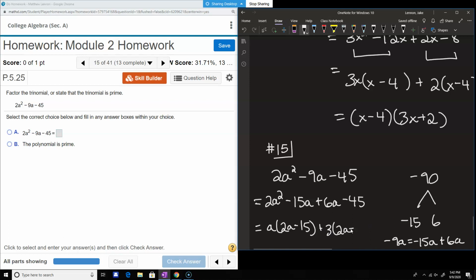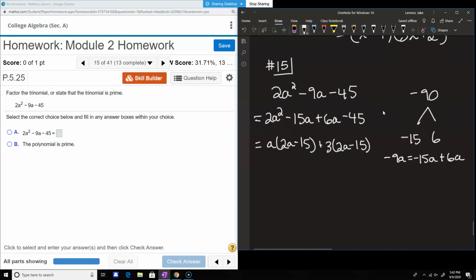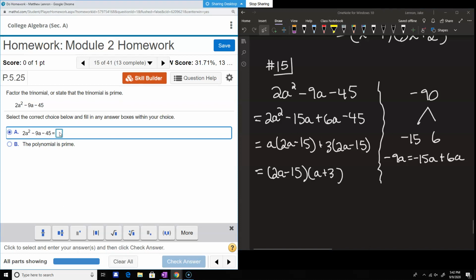And we'll also get 2a minus 15. And then we've finished our factorization. So we'll get the 2a minus 15 times the a plus 3. And that's the factorization for this problem.